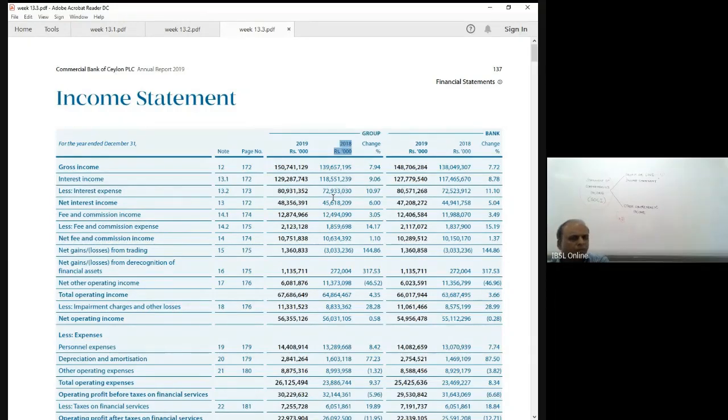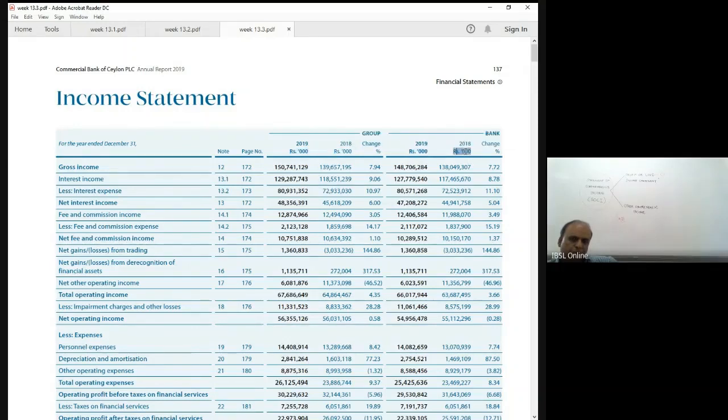Okay. Then it is very important for the reader to know in which currency these financial statements have been prepared. That we call the presentation currency. Very important. So if you look at the financial statements carefully, you see here they say rupees 1,000 everywhere.